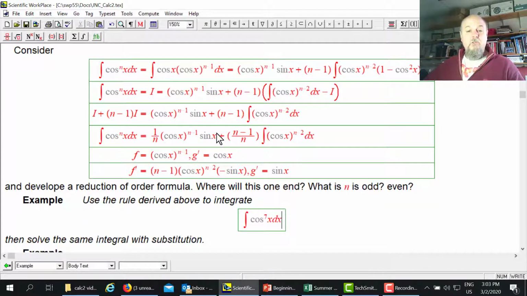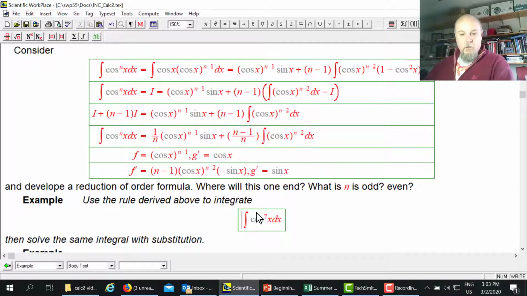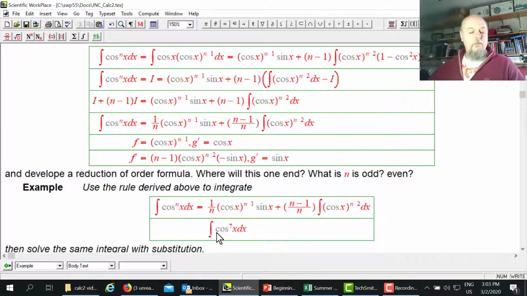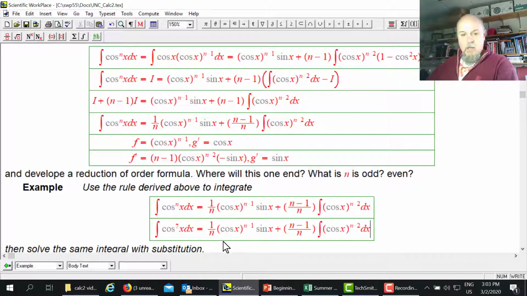Let's use this reduction formula to solve this, cosine to the power of odd 7. Okay, so now I'm going to use this rule when n is equal to 7. N is equal to 7, so that's going to be a 7. 7 minus 1, that's to the power of 6. 6 over 7.